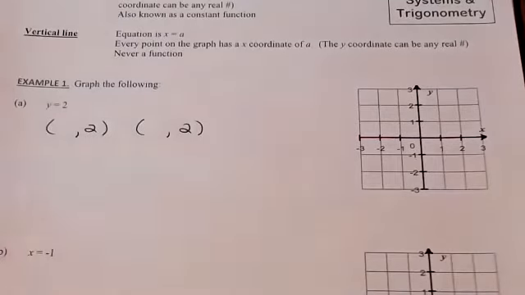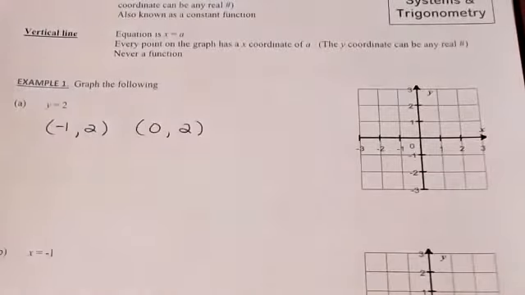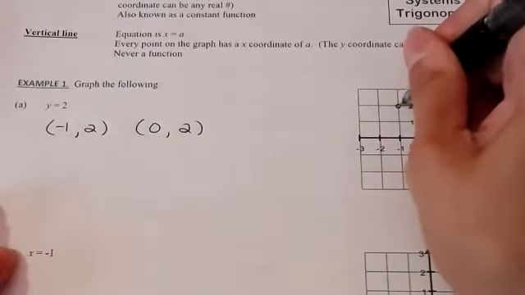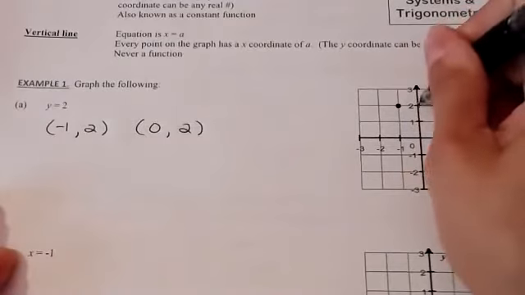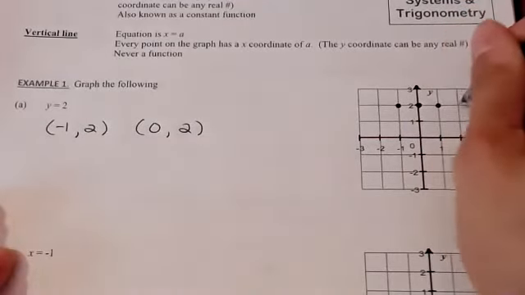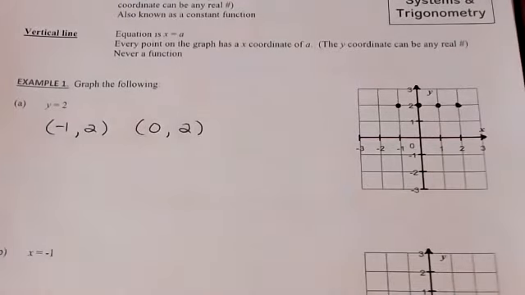I can make x anything my heart desires. I could say that x is -1 or x is 0. It doesn't matter, so long as y is 2, which means I can plot the points (-1, 2) and (0, 2). I could even go (1, 2) or (2, 2). It really doesn't even matter, okay?